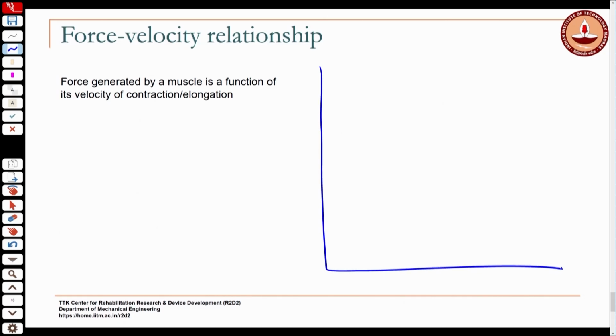So, if I take a muscle and if I have velocity equal to 0, what kind of an action is that? It is an isometric action.